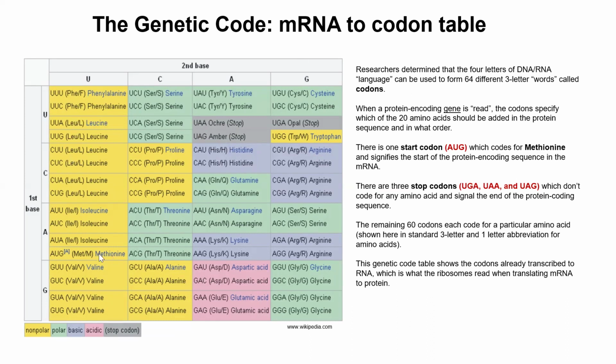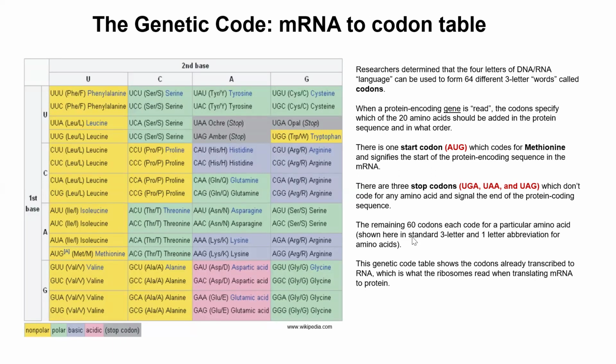There is one start codon that codes for methionine. It's the start of the protein encoding sequence in the mRNA itself. Then there are 3 stops, UAA, UAG, and UGA. Those are ochre, amber, and opal. Those 3 are stop codons, which start off the process of termination.